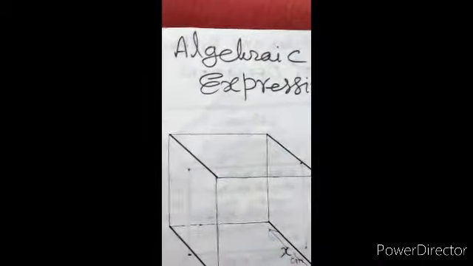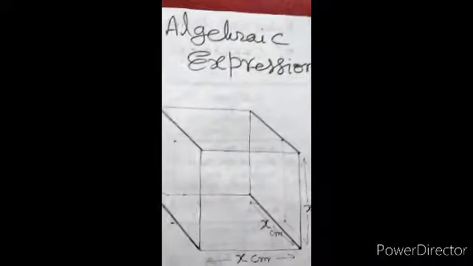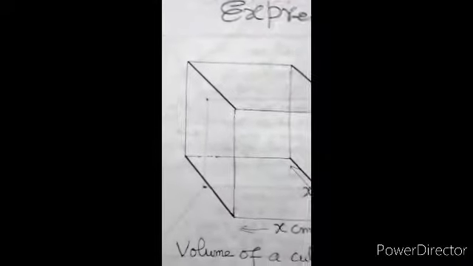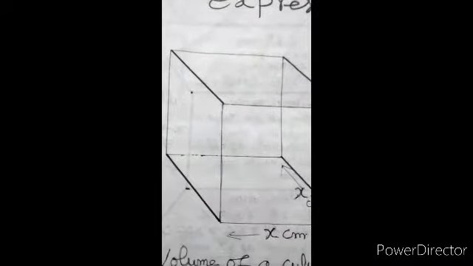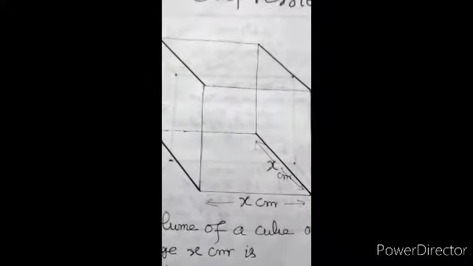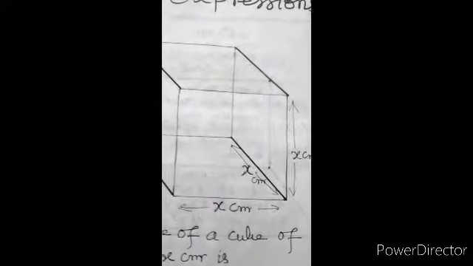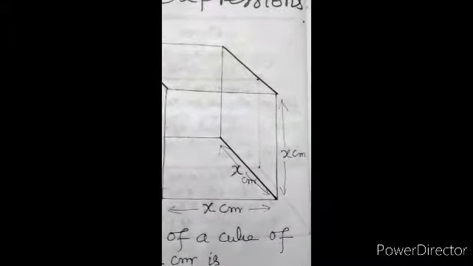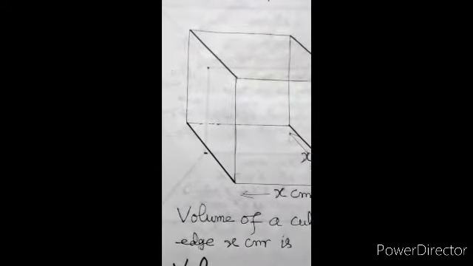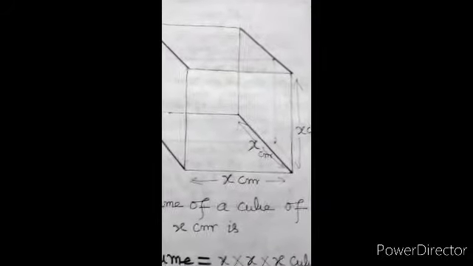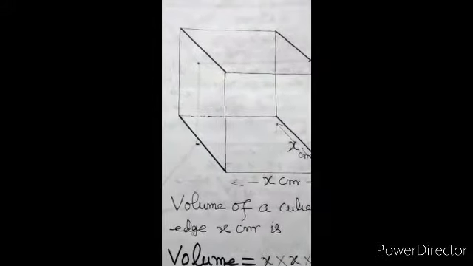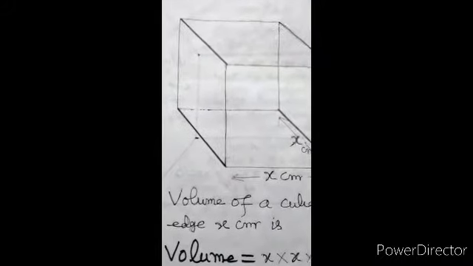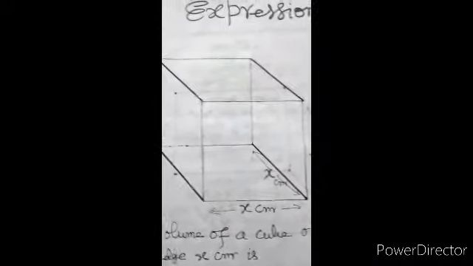Now, algebraic expressions. This is a three-dimensional shape. It is a cube. Its length, breadth, and height, all these are of same equal x cm. Volume of a cube is side cube or edge cube. Here x is edge or side.